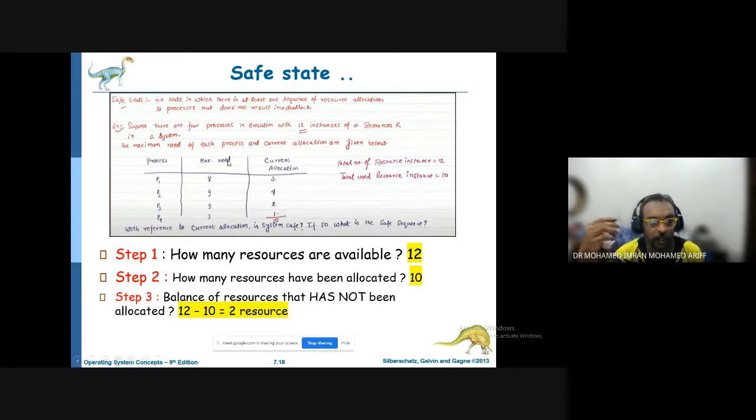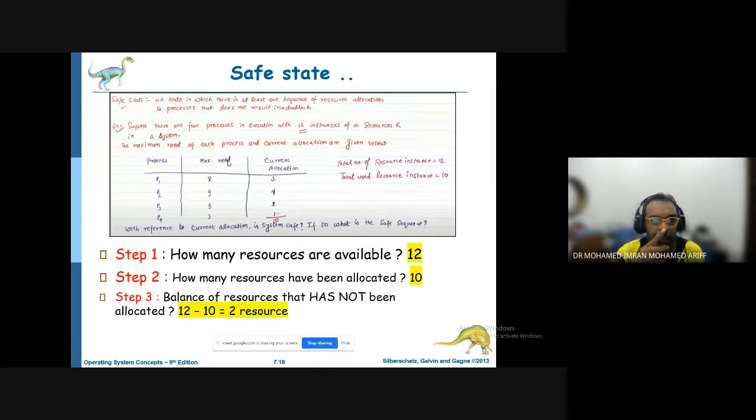In order for the process to complete, process number 1 needs 8 resources, process number 2 needs 9, process number 3 needs 5, and process number 4 needs 3. However, at the moment dia cuma bagi 3 to process number 1, 4 to process number 2, 2 to process number 3, and 1 to process number 4. That is what we understand from this diagram.